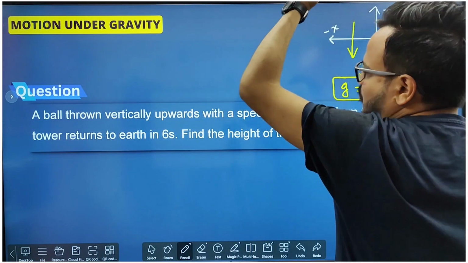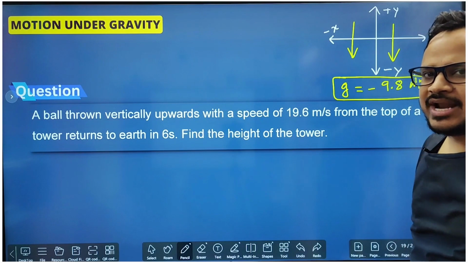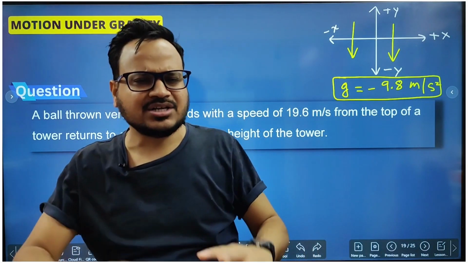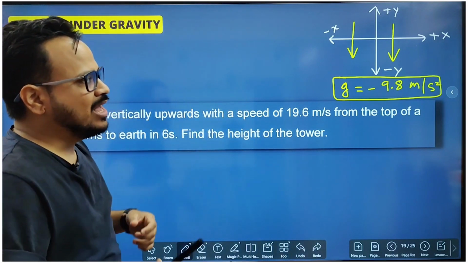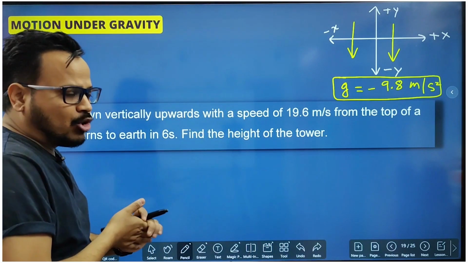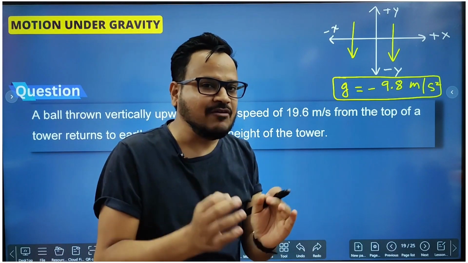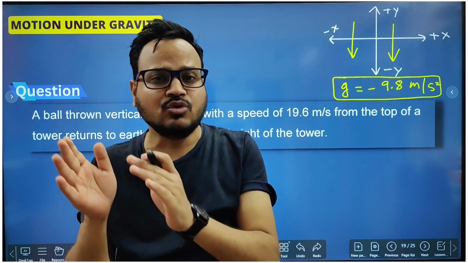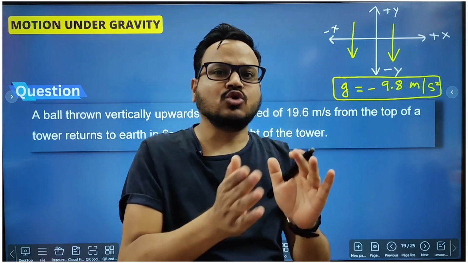First it is moving in the upward direction, then it is going in the downward direction, or first downward, then upward, depending upon the situation. So if in the same question the body is changing directions, then we have to use sign conventions. If we do not use sign conventions, then we have to solve that question in two different parts.